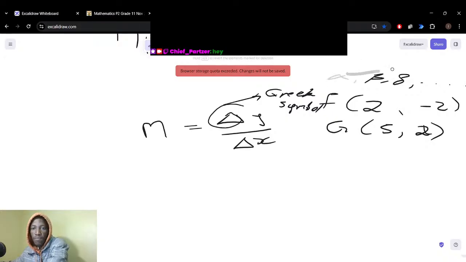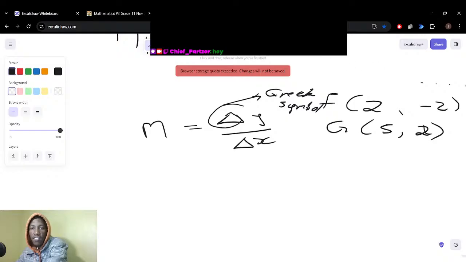So this triangle represents a Greek symbol which is known as delta, okay?